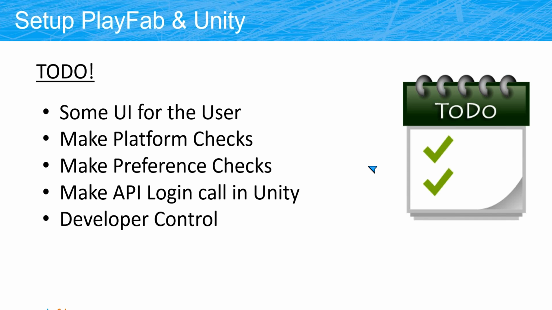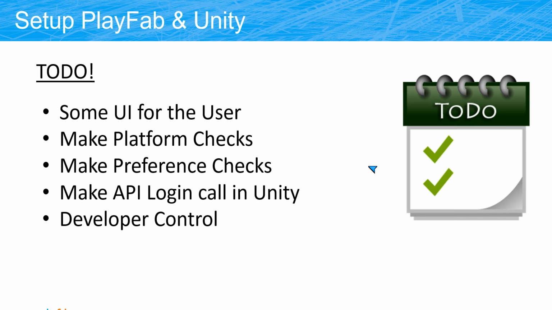It's important to have some sort of remember me type of feature, to make the user have a very low barrier to entry into your game. A user wants to come in, click start and click play, and start playing your game as fast as possible, and they don't want to worry about authenticating every single time. This is one way I found to make a very lightweight, easy to get into your game sort of thing, by using a preference check.